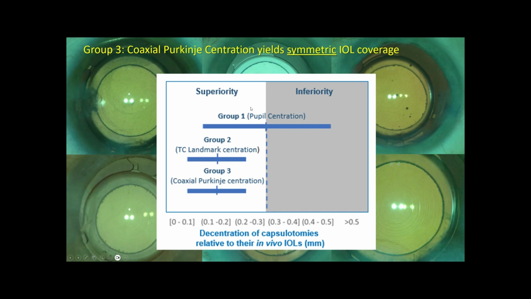And using group 1 as the control group, we can see that the coaxial Purkinje image is superior to pupil centration, and the Trypan landmark indeed is also superior. And these two are equivalent. So some nice statistics here with a p-value of less than 0.05.